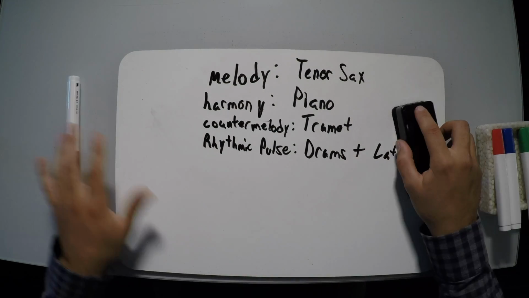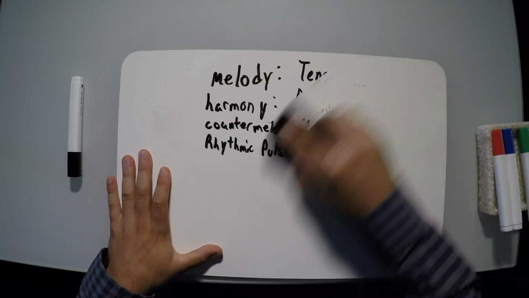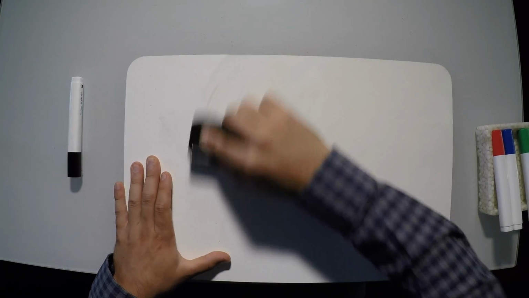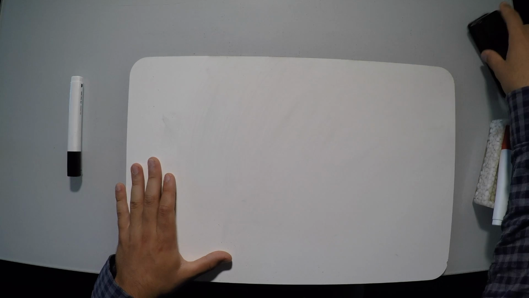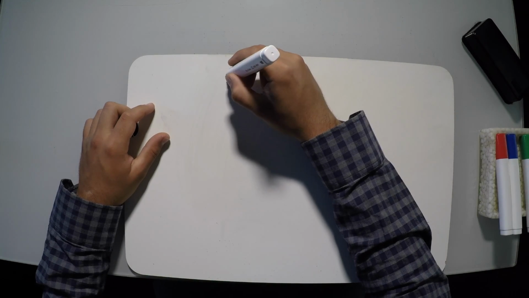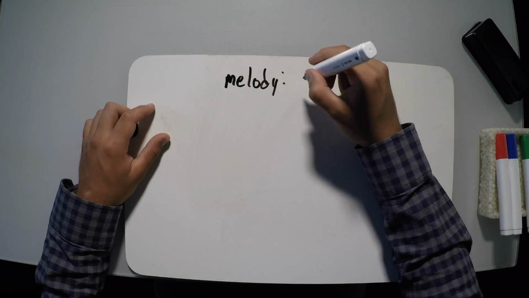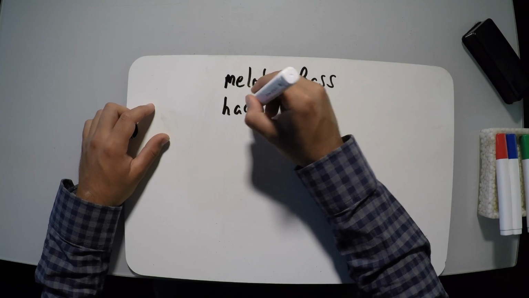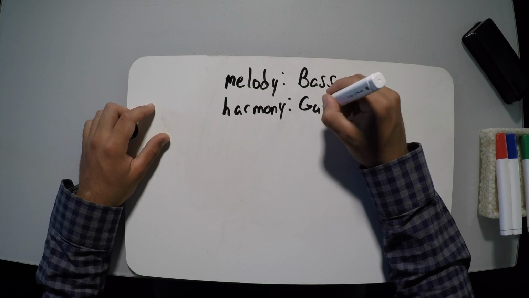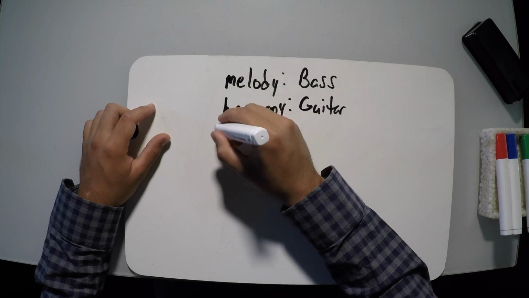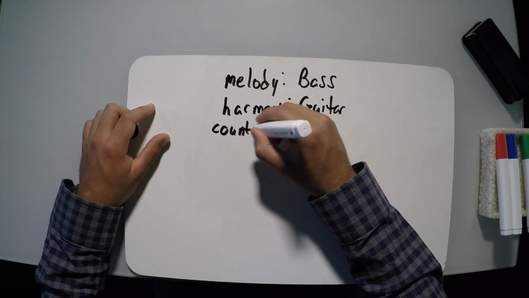Now let's look at one more scenario. Let's say we've got a jazz trio, bass, guitar, and drums. So, for example, our melody can be provided by our bass player, harmony provided by guitar, and let's say our drummer is being a little bit more active.